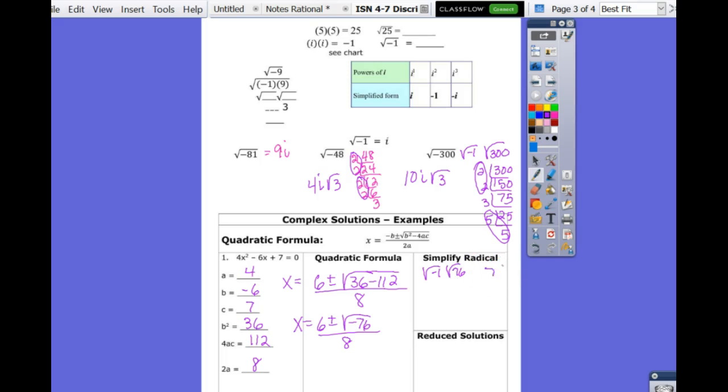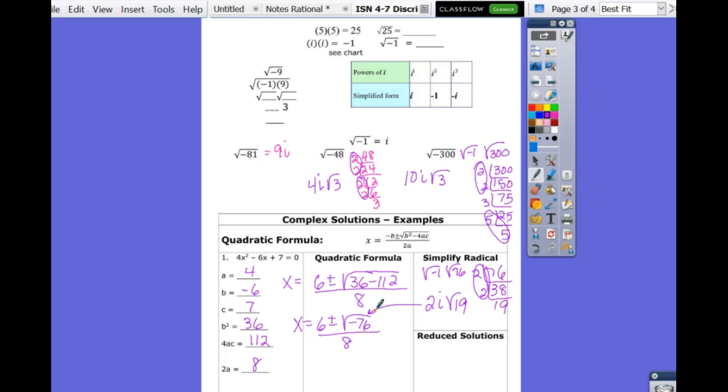So I'm going to simplify the 76. So I get a pair of 2's when I simplify. So I'm going to take this and plug this in where that was.